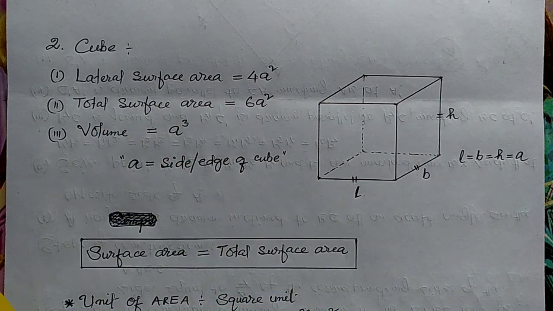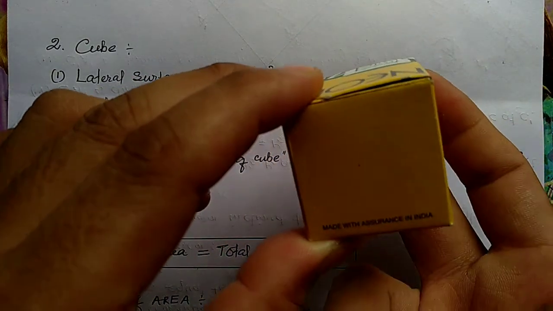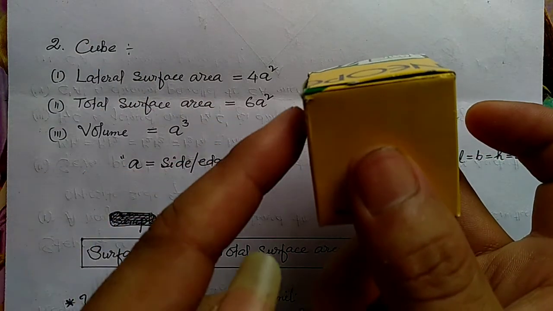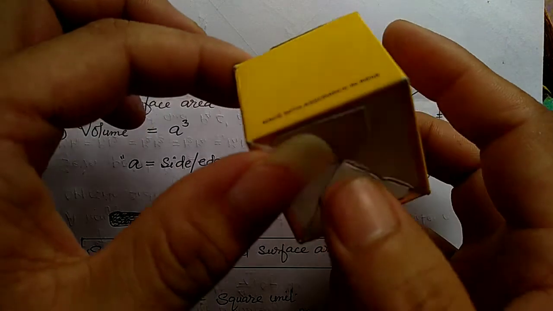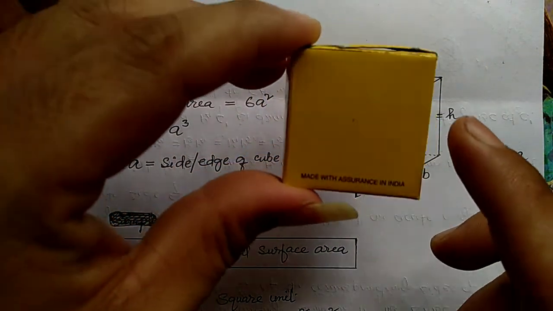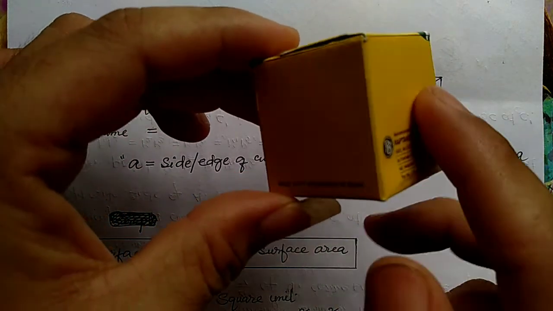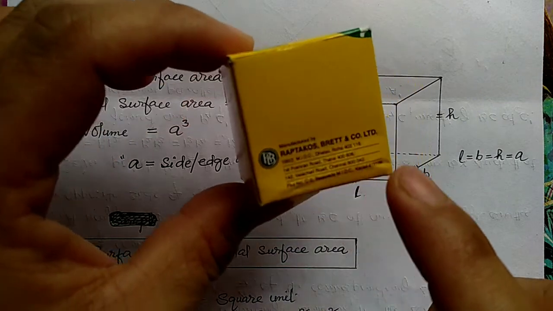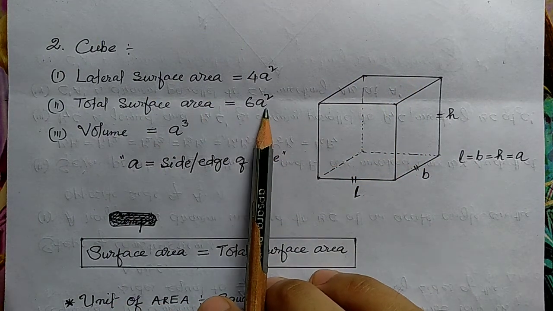I'll show you total surface area first. Now, how many faces does this cube have altogether? You can see front, back, 1, 2, then left and right, 3, 4, then top and bottom, altogether 6 faces. Since the dimensions are all equal, each face is nothing but a square. So if you want to find the total surface area of a cube, the formula is 6a squared.